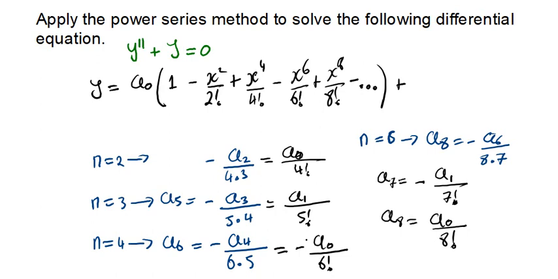What about my a sub 1? So my a sub 1 is going to be a sub 1 here, then you have your x minus, which other one do we have? We have this one here, that's positive actually, it's x to the power 5 divided by 5 factorial, then we have minus, it's this one here, x to the power 7 divided by 7 factorial, that would be plus.